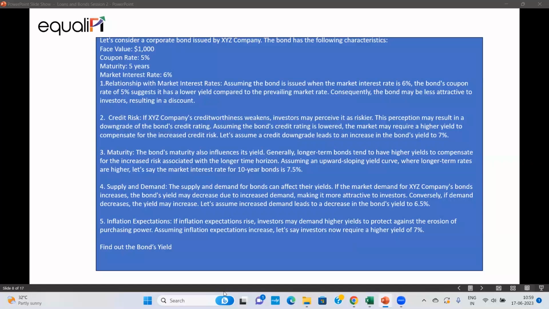Someone has got 8%, someone has got 7.5%. Both are different.